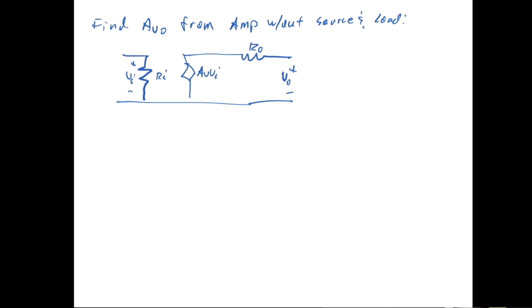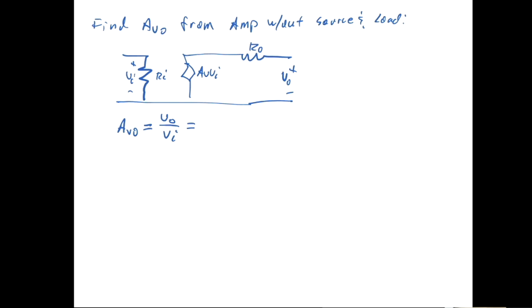So AV is a voltage gain, and if it's AV naught, it's the open circuit voltage gain. So the voltage gain of this amplifier would be AV naught. Open circuit voltage gain. Right. So AV naught would be V out over VI, which would be just this factor here.